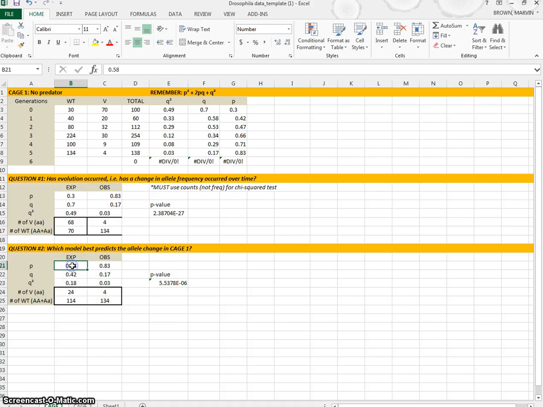Okay, so what do we do now? Well, we need to change it a little bit. So I'm going to raise it to 0.68 because that's my number 4.